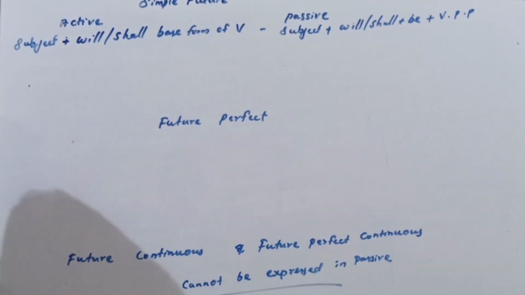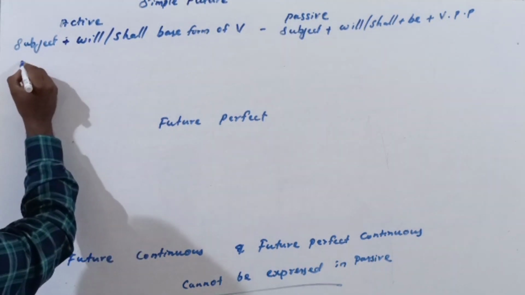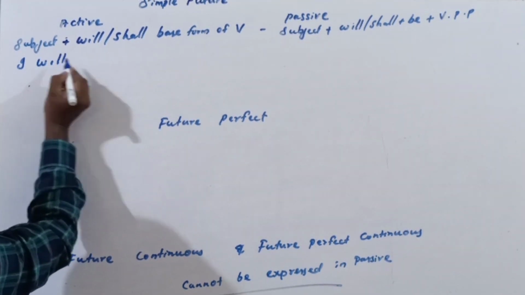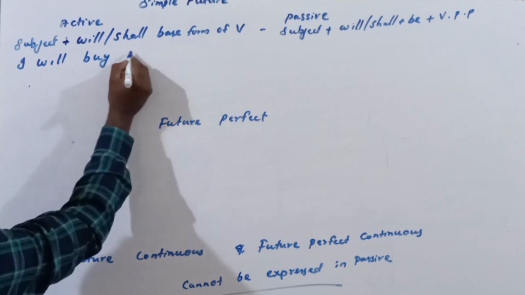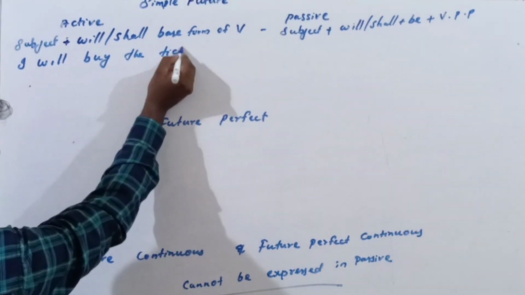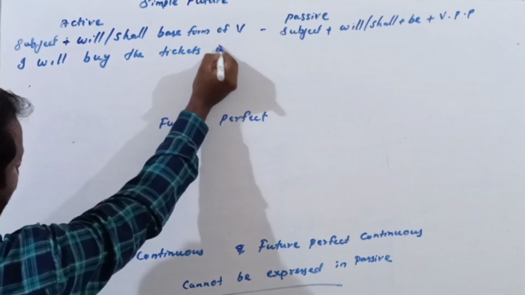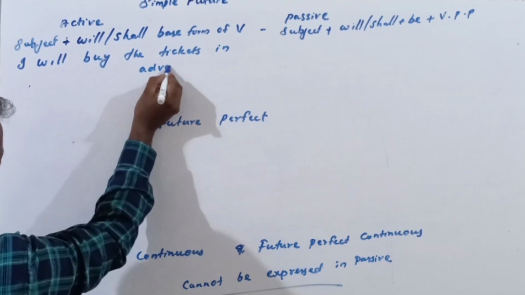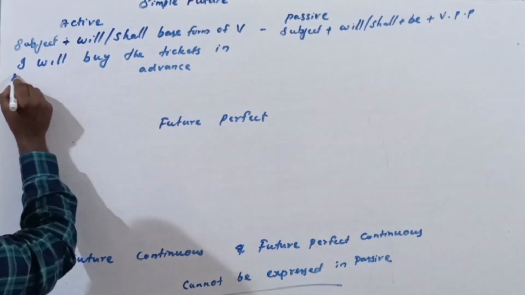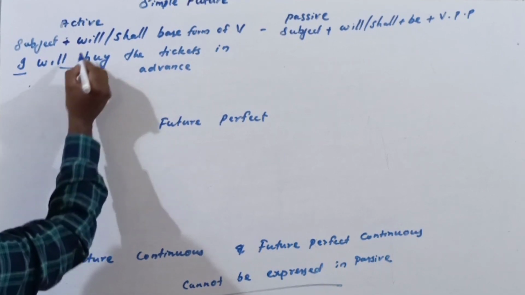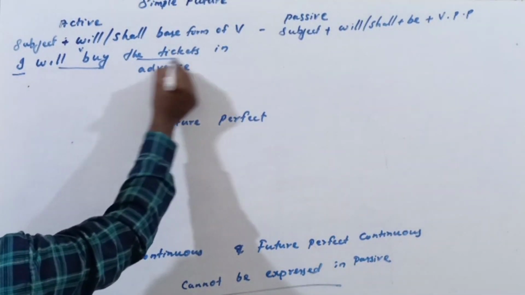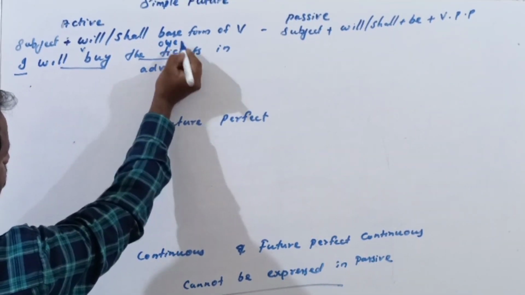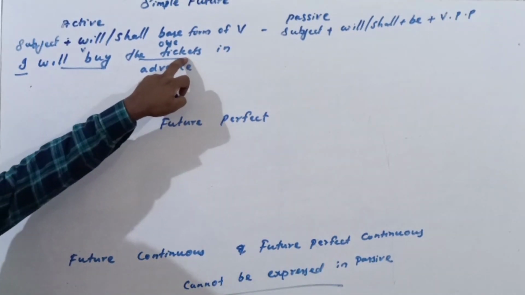Okay, let us have an example. I will buy the tickets in advance, right? And we know that "I" is the subject, "buy" is the verb, and "the tickets" is the object. Here again you see the object comes here only.